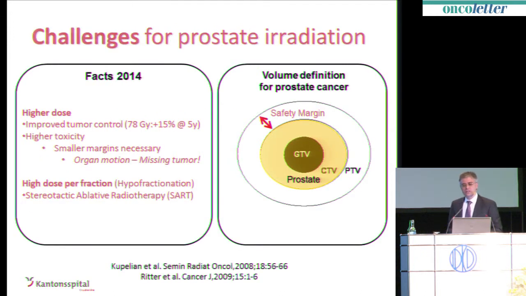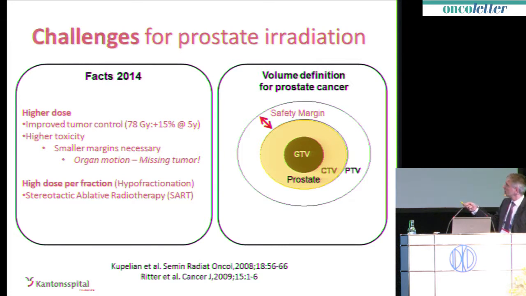So what are the challenges for prostate irradiation? Well, we know high dose gives better tumor control. That has been proven in randomized trials. We know also when we give higher dose, we have more toxicity, so we have to reduce our margins. And probably that's the concept radiation oncologists work. We have our gross tumor volume, which is the prostate, basically the lesion.